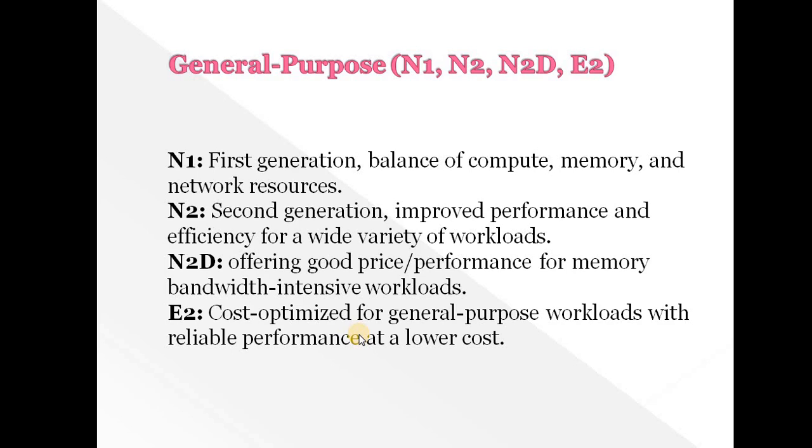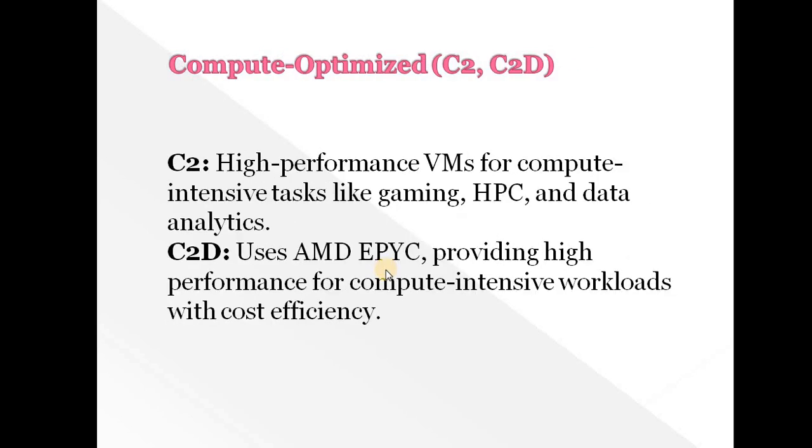The main point is that when we opt for any machine family, whether it's our company or whoever is developing the application, we look for lower cost, more efficiency, and optimized cost. So at that time you choose E2, based on your requirement.